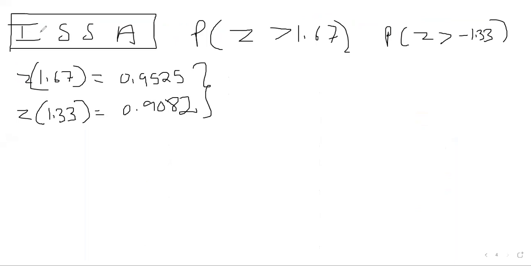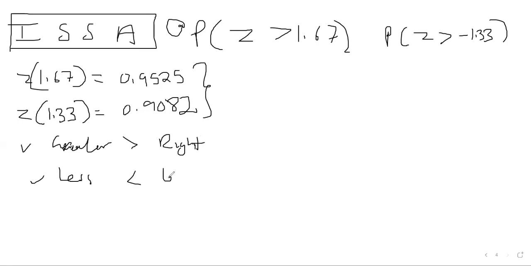Now let's go through this process, which is called ISA. We illustrate. So for part A, we're going to do what? Illustrate. But let's look at the application. The application has 4 parts. Number 1, greater means what? Shade right. Less means what?